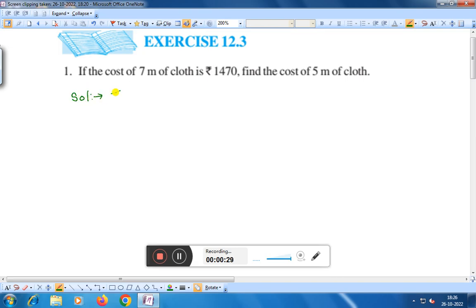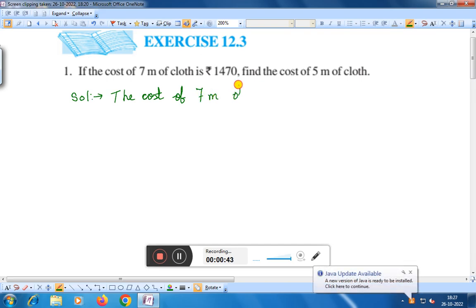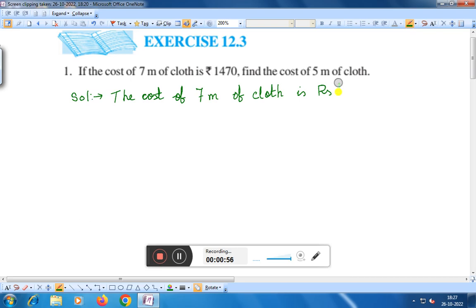The cost of 7 meter of cloth is rupees 1470.